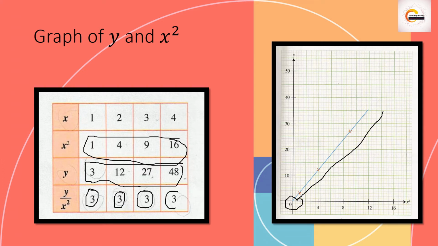So we can say that y is directly proportional to x square, not x.